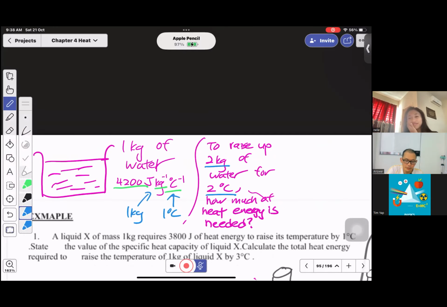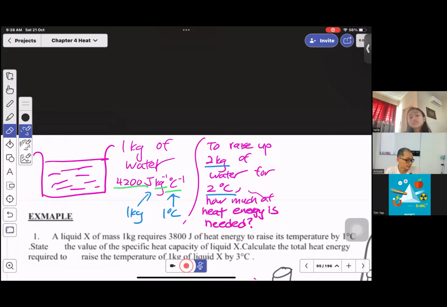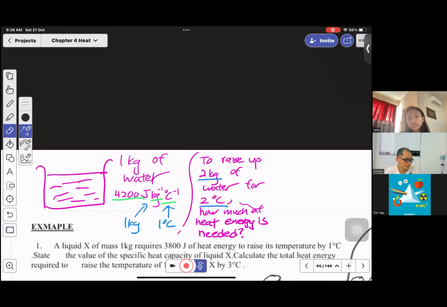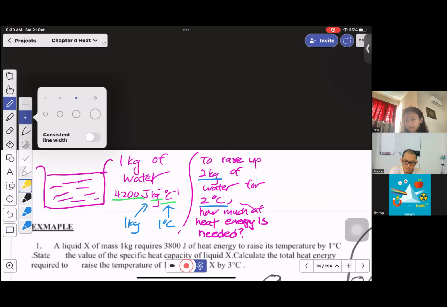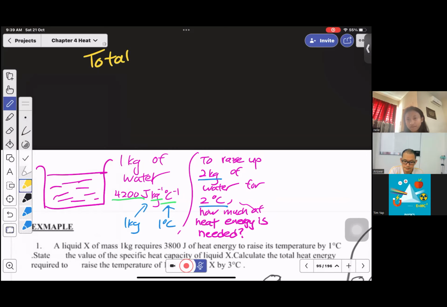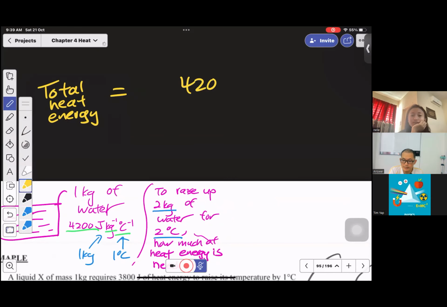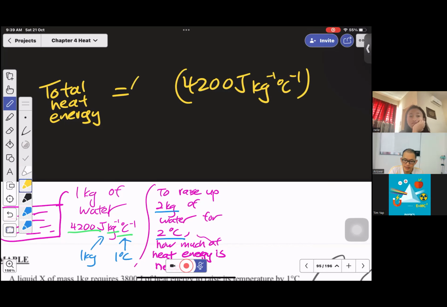To find the total heat energy, I use 4,200 joule per kg per degree Celsius, multiply 2 kg and multiply 2 degrees Celsius. 2 degrees Celsius is the increase of the temperature.